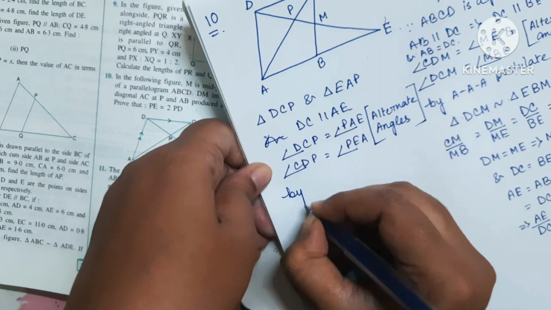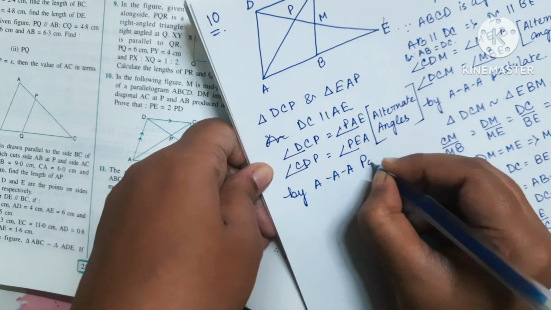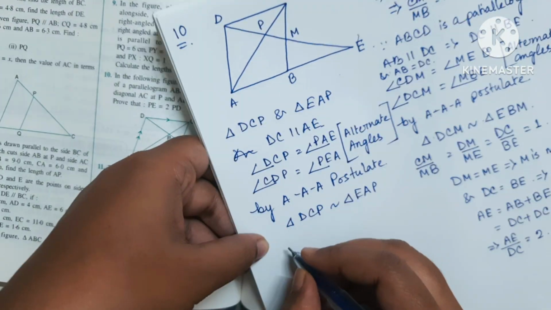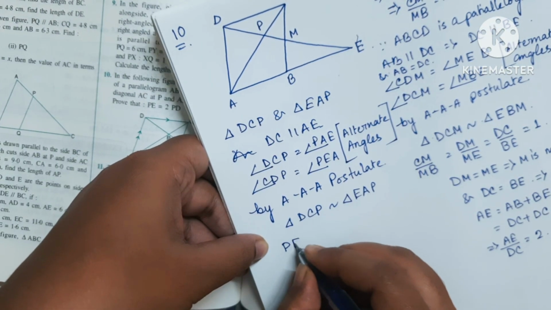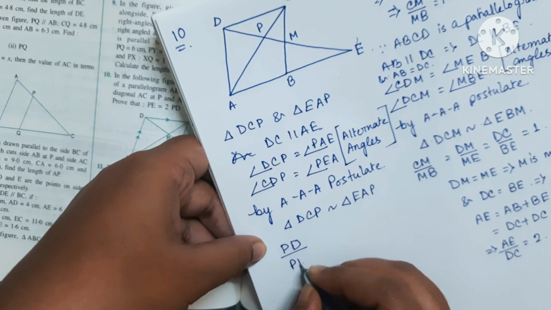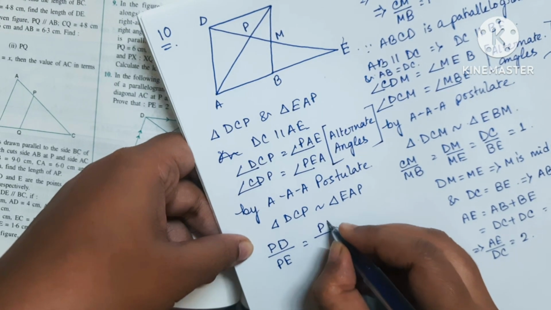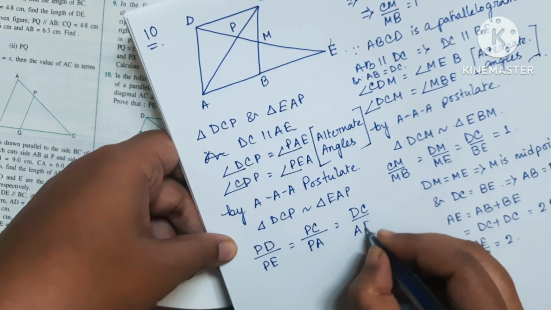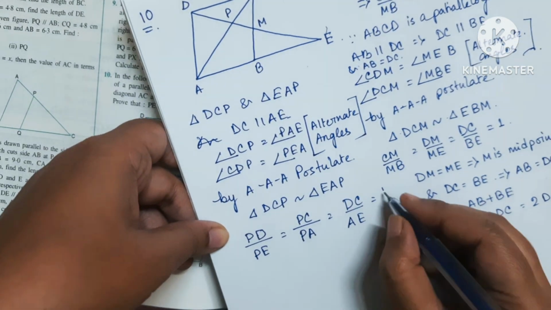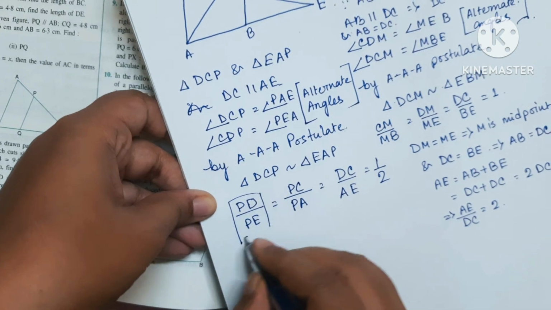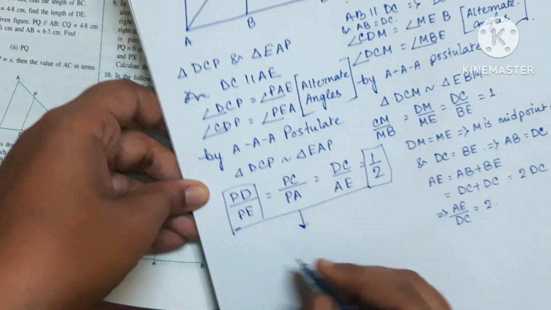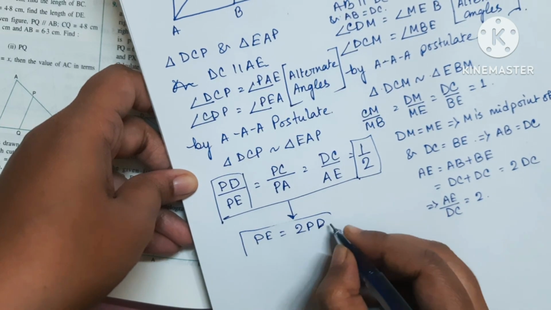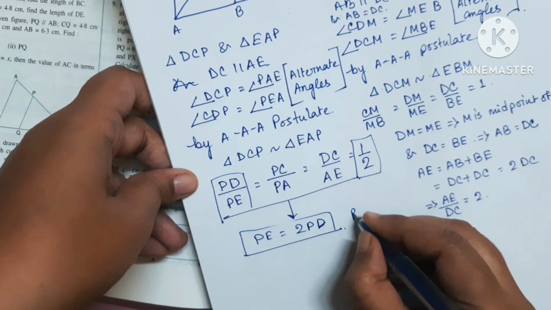Okay, so by AAA postulate, triangle DCP is similar to triangle EAP. Okay, so DP or PD by PE is equal to PC by PA is equal to DC by AE is equal to 1 by 2. So from this one and from that one, what you can say, PE is equal to 2 PD. Okay, proved.